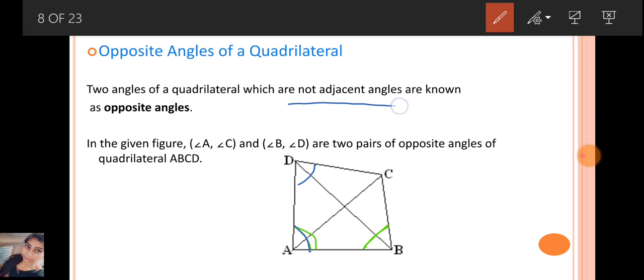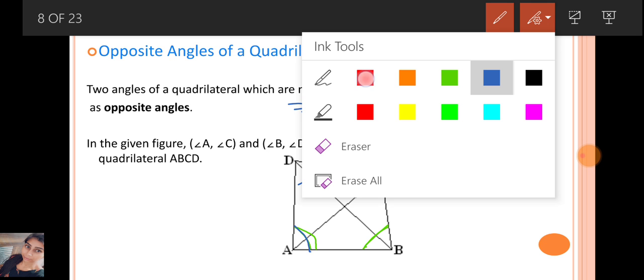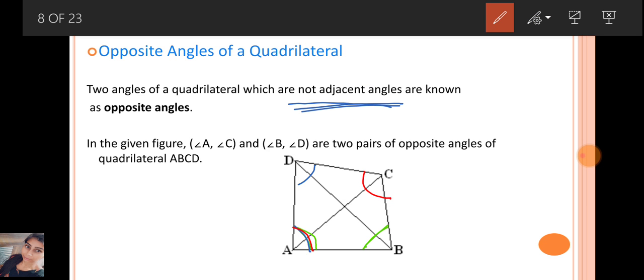The definition says not adjacent, so which angle is not adjacent to A? A is not adjacent to C, so A and C are opposite angles. So A and C is the first pair of opposite angles.